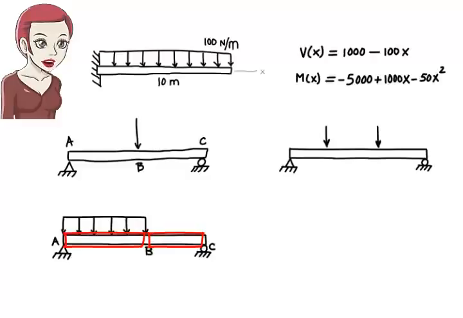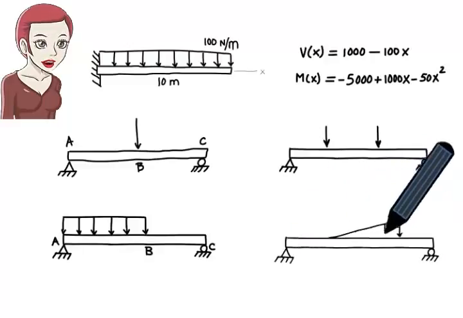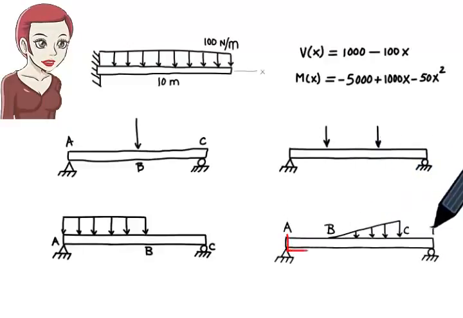Therefore, we need one set of shear and moment equations for the left segment of the beam and another set of equations for the right segment of the beam. In this example, the triangular load divides the beam into three segments, AB, BC and CD. Therefore, we need three pairs of shear and moment equations, a pair for each segment.